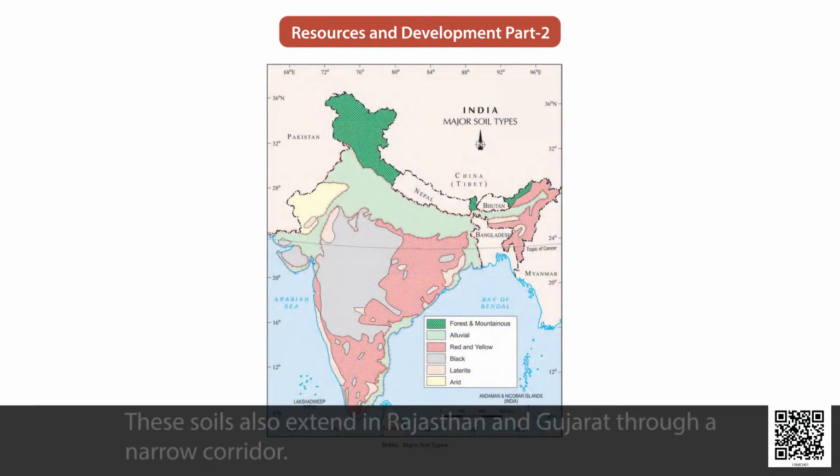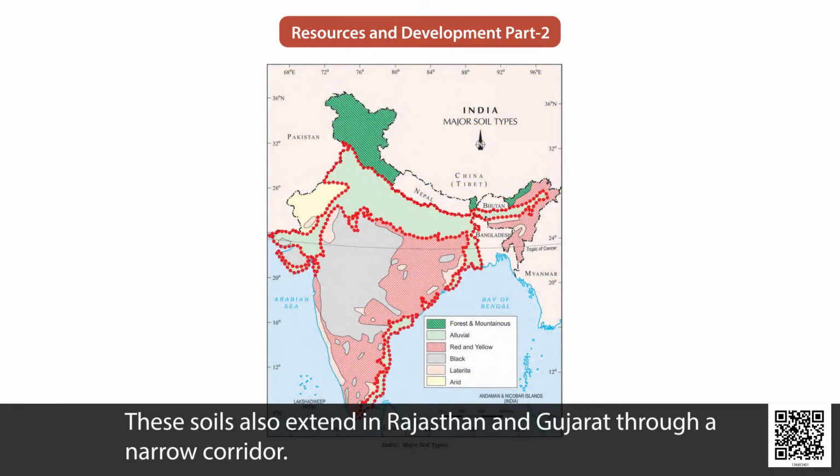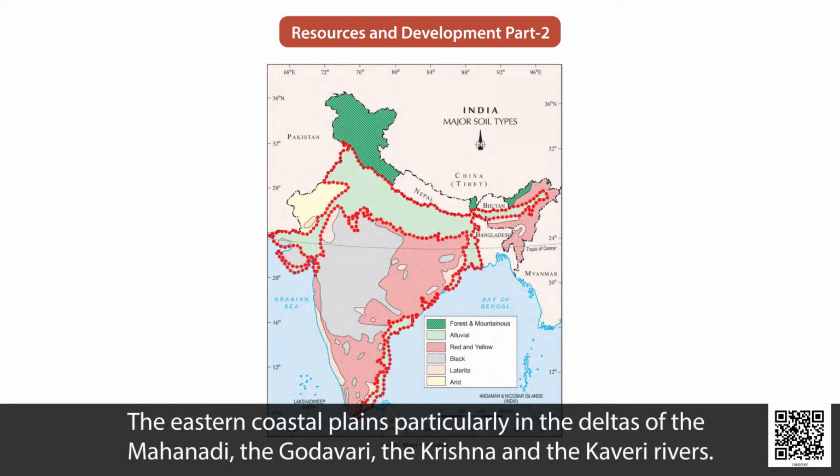These soils also extend in Rajasthan and Gujarat through a narrow corridor. The alluvial soils are also found in the eastern coastal plains, particularly in the deltas of the Mahanadi, Godavari, Krishna and Kaveri rivers.